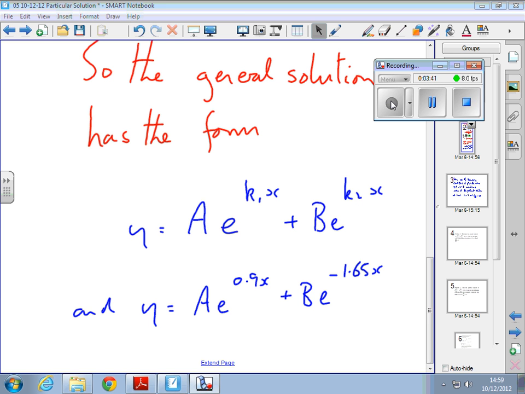So that's the first step, step 1, okay? Form the auxiliary equation and find the general solution. In fact, that's even up to step 2 now, isn't it? Put those values into the general solution.